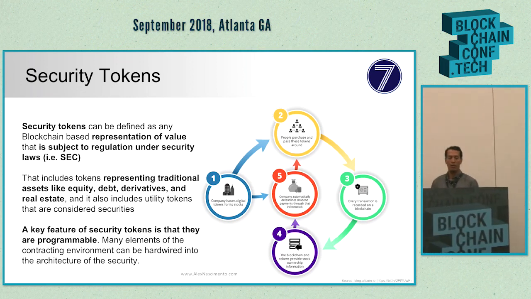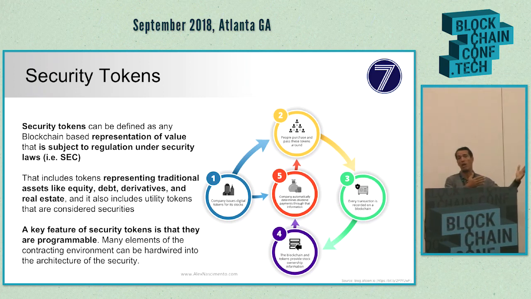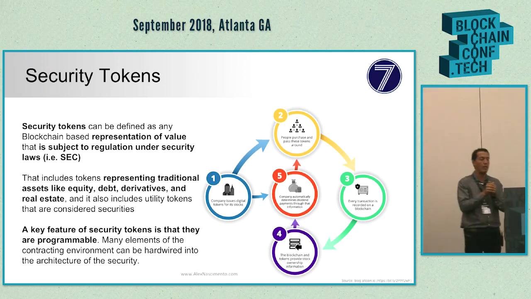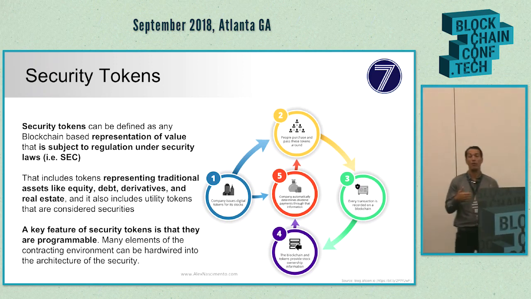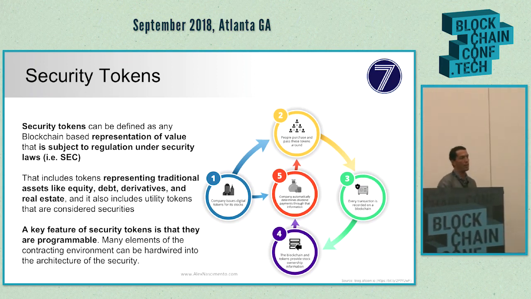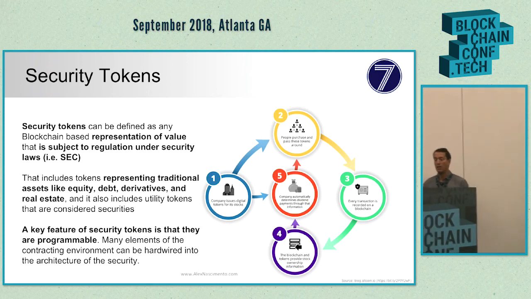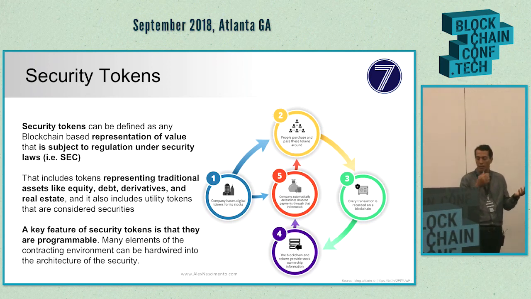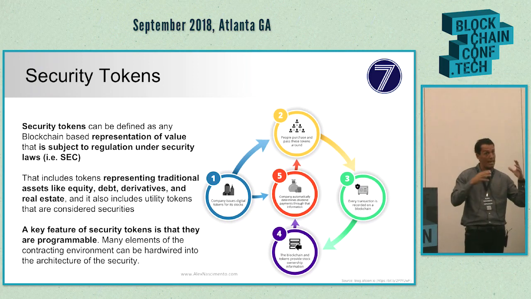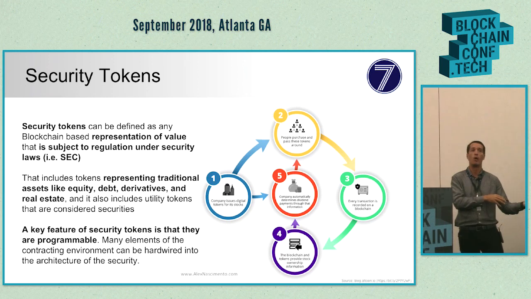So a security token is a representation of value, whatever it is, a piece of art, a fraction of your house, a percentage of your company that's under securities law, for example, the SEC. And it could be a representation of equity, debt, derivatives, or even real estate, right? And the whole idea of a security token is that the representation of that value is programmable based on a smart contract.